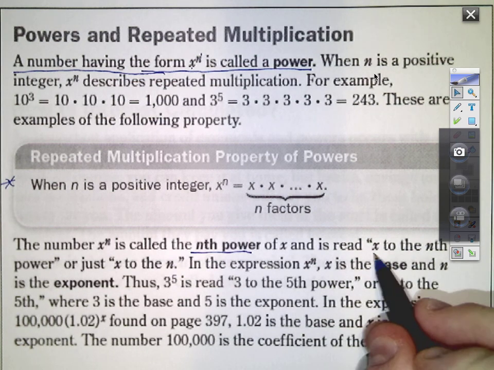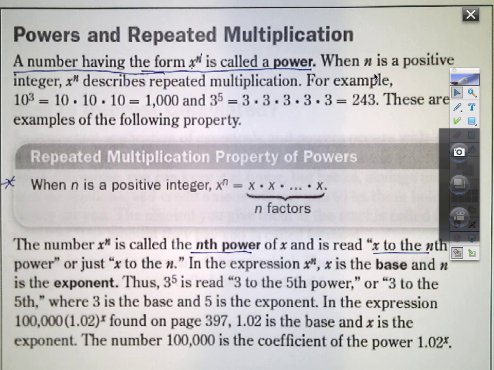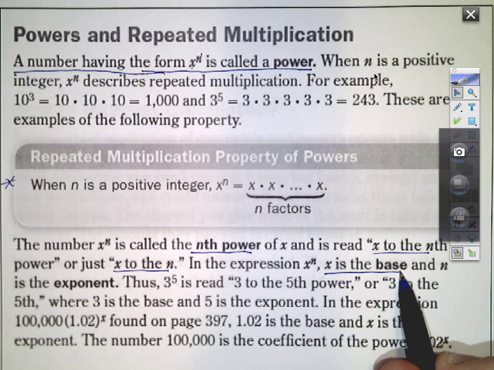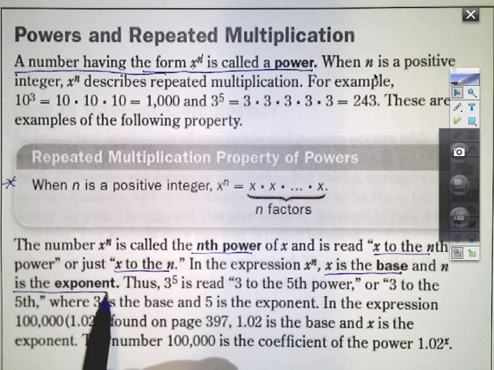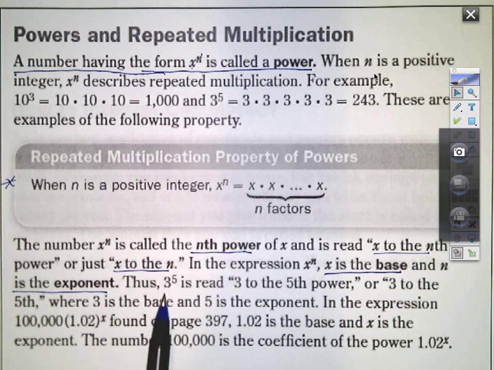It is read x to the nth power, or just x to the n.